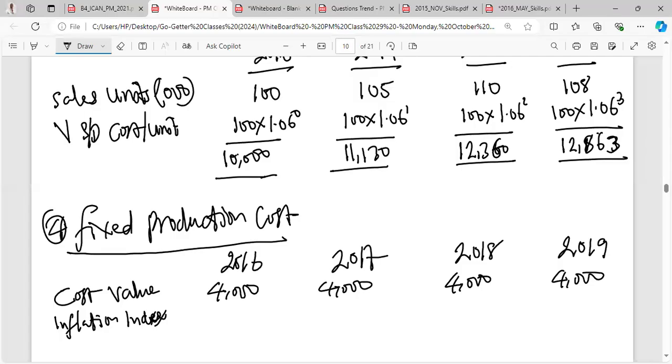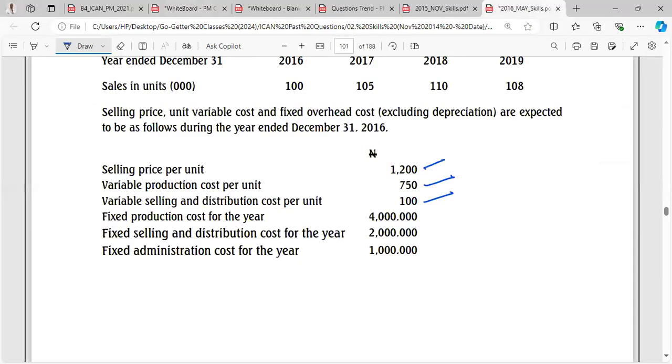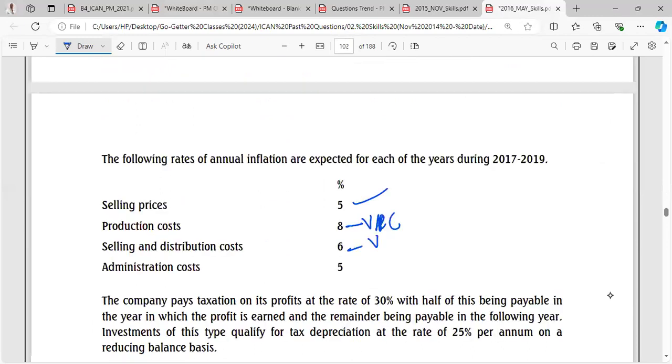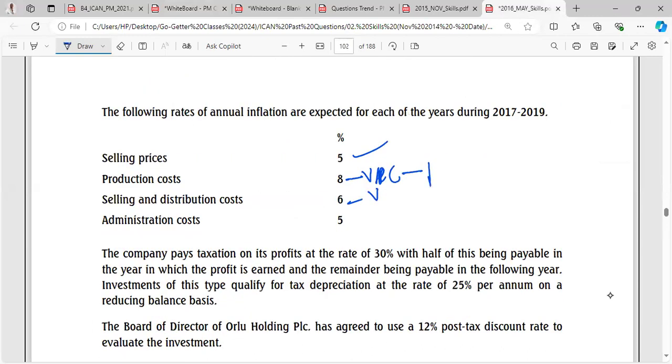So inflation index, so it will be 1.0 what? Fixed production cost. We have done variable, so now we are in the fixed. We are taking the 8% now. So of course we can't use the selling price again.